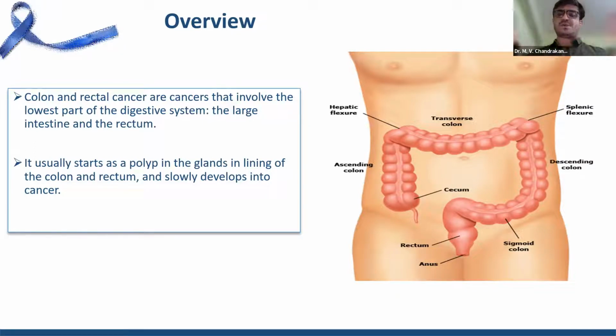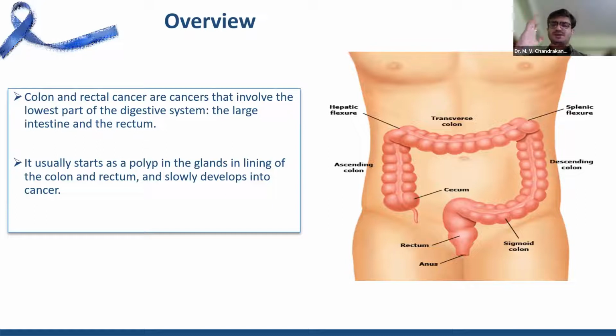They come with abdominal distension, abdominal pain, difficulty in passing stools, and so on. And a rectal cancer, the terminal part of the colon, which is called the rectum, usually presents with bleeding in stools.